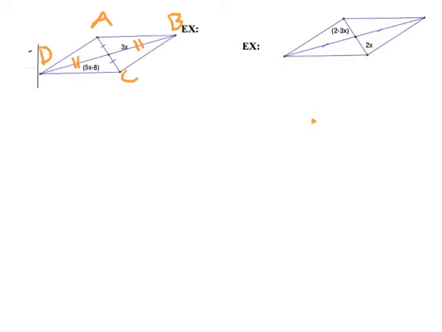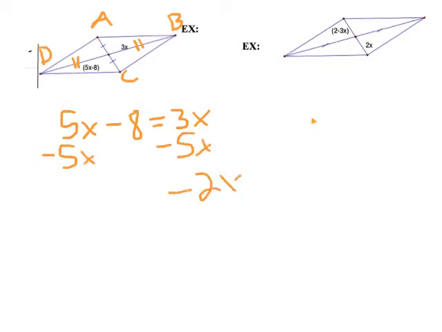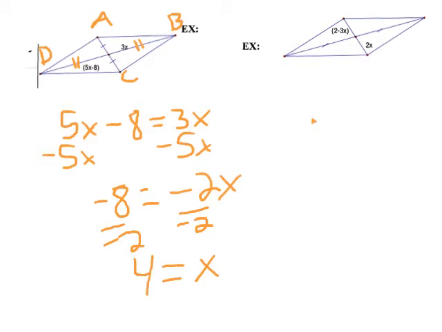So for this one, I should get 5x minus 8 is equal to 3x. I want to solve this for x. I subtract 5x from both sides, and I get negative 2x equals negative 8. Divided by negative 2, I get x equals 4. So x equals 4 on that one.